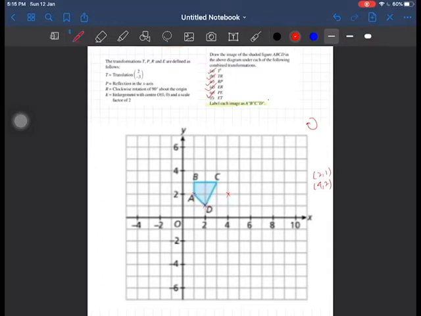Here's the point. (1, 2), (2, 4). We'll just take (2, 4). So we'll just draw this, and then we'll take this point. (3, 3), (6, 6).